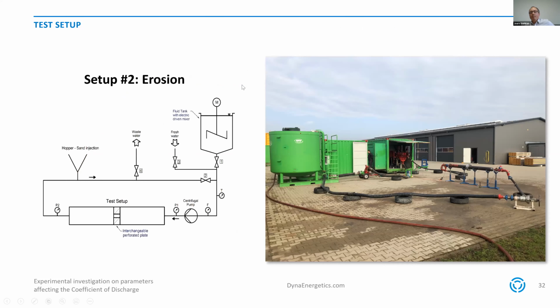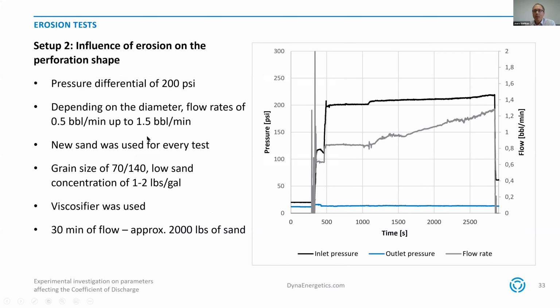In the second part of this research, we looked at the effect of erosion. For that experiment, we modified this setup slightly. We made a closed loop with a hopper for sand injection, and then circulated the same fluid for 30 minutes through the setup.